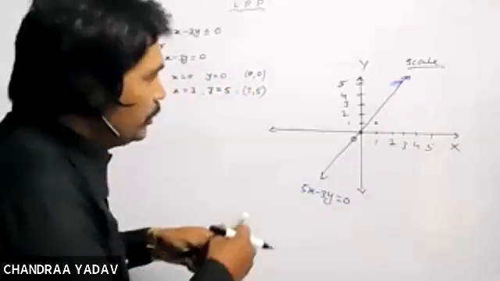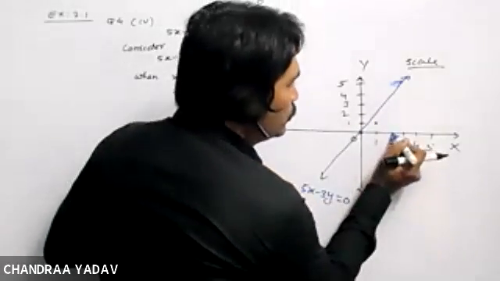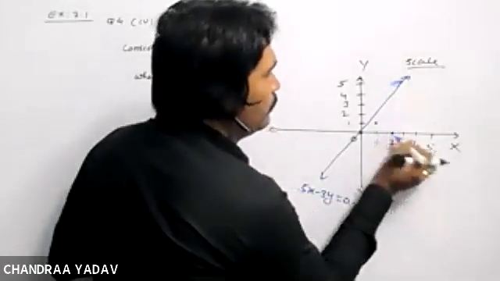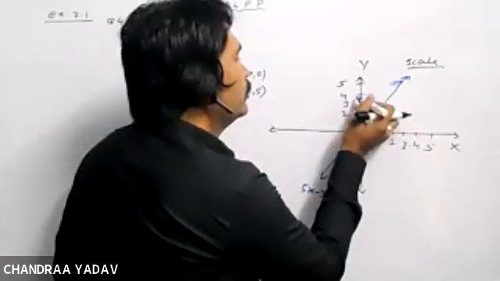But if we consider this point over here, it is very clearly below the line. Even this point is also below the line. And this point is clearly above the line.